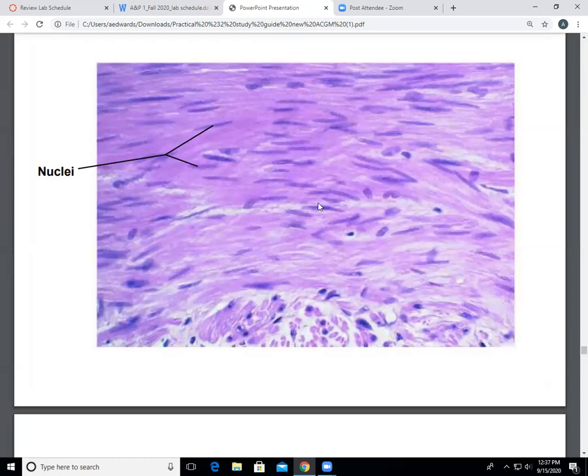And if you need to come up here later, we'll have microscope time. If you need to come up here and see it better, you can. But does this help summarize some of that for you?